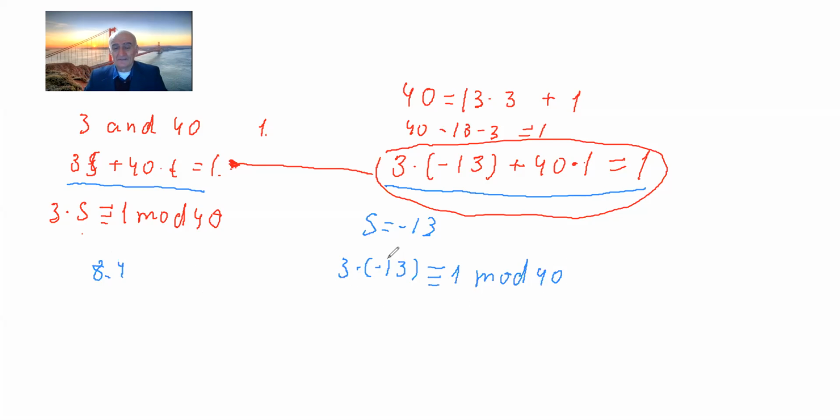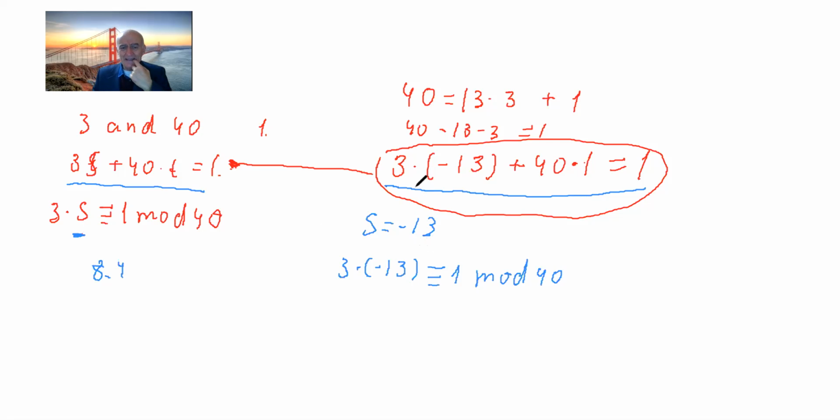So I wrote it down. But in the crypto system, it is required to find an inverse, not any inverse, but a positive inverse. So if we want to decrypt something using the RSA crypto system, it's not good that we got a negative number. We need a positive number.